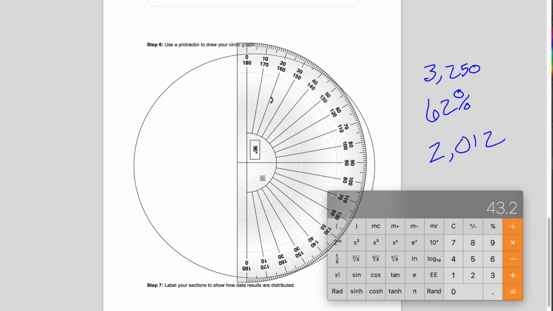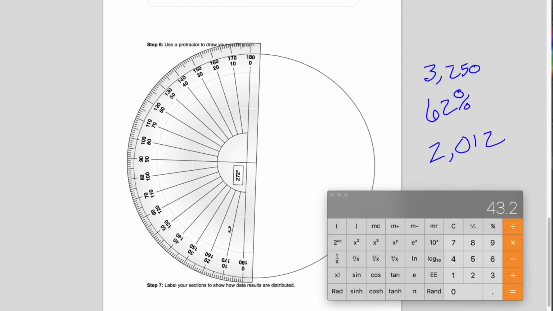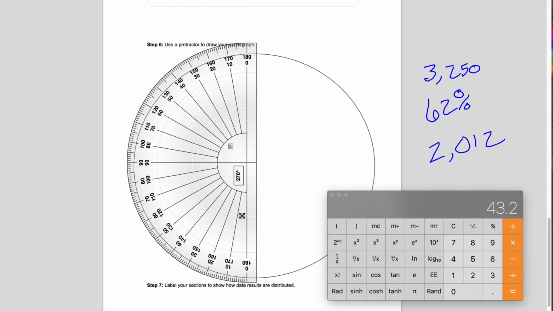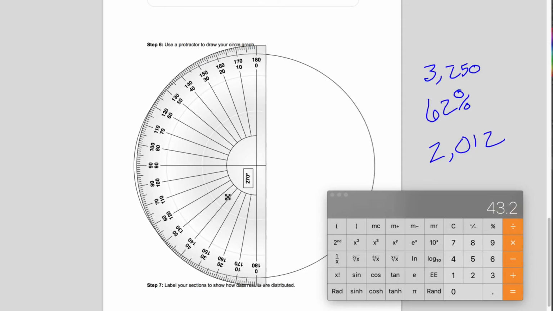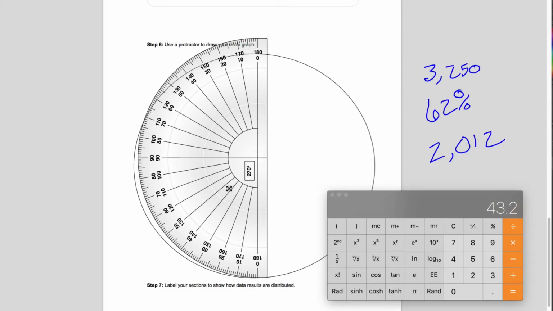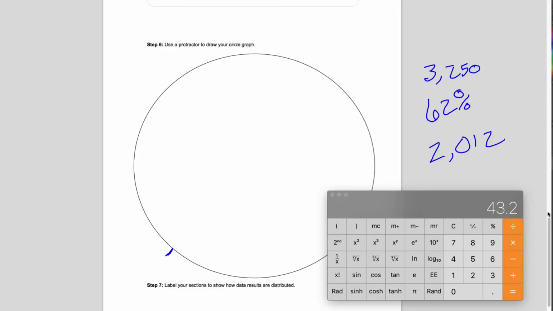So now I'm going to rotate that around, and I see 43.2 degrees is right about here, somewhere in there. It doesn't have to be exact. I'm not that picky about this at all. Don't even stress about that.